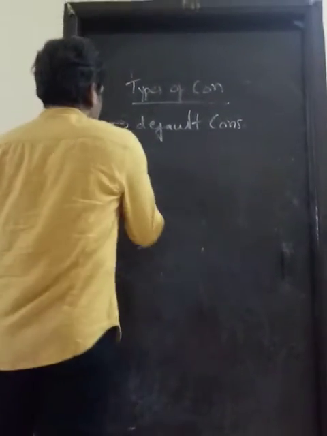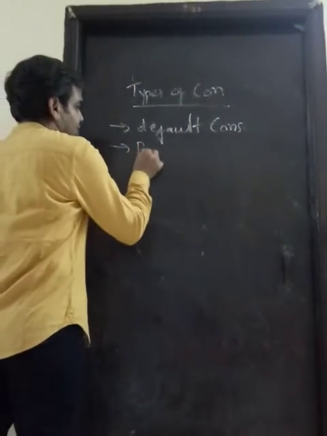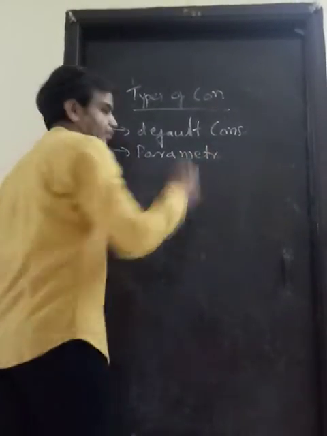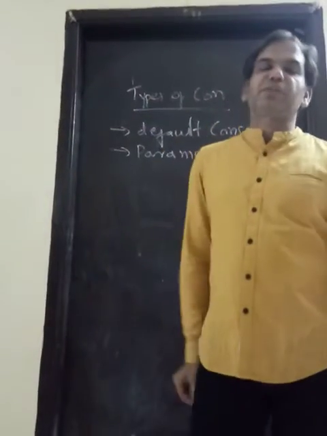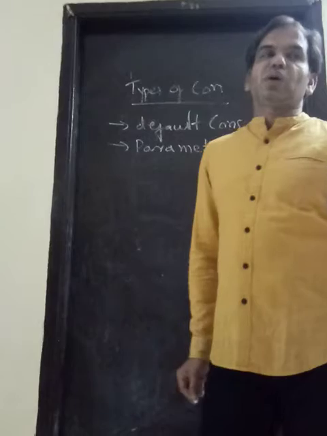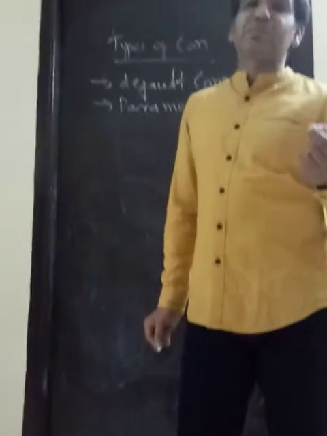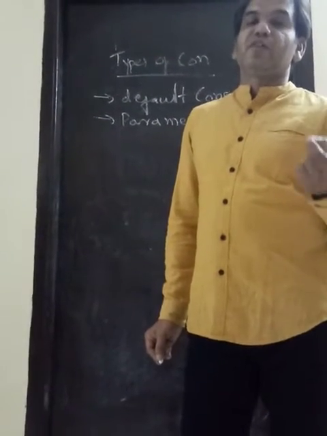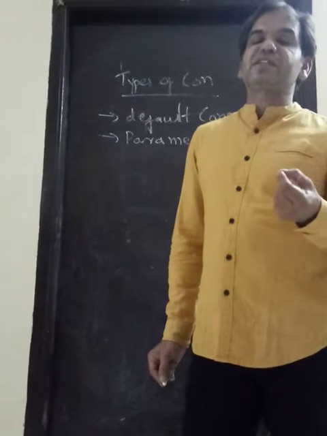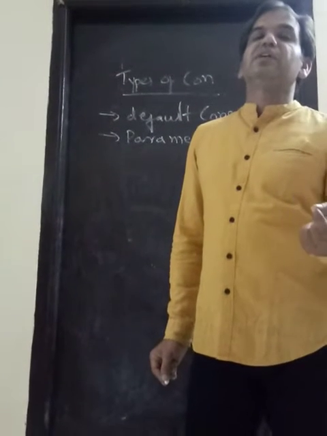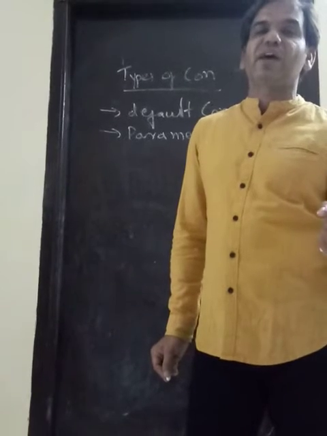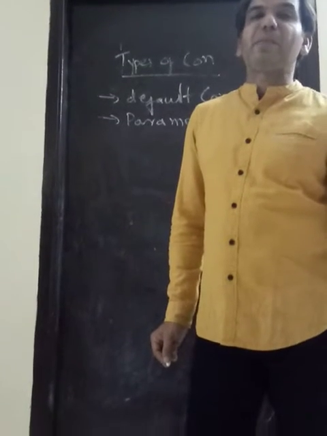The second one is the parameterized constructor. It means a constructor can receive values through the objects. While we are creating an object, at the same time we pass some values, and those values are received by the constructor. That constructor is called a parameterized constructor.